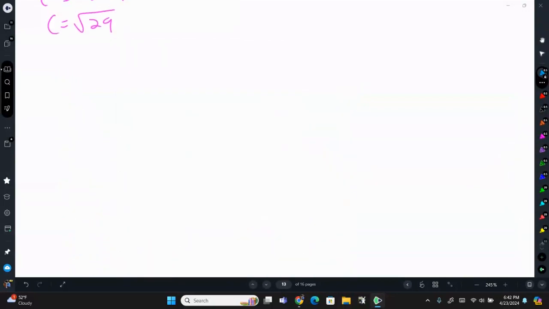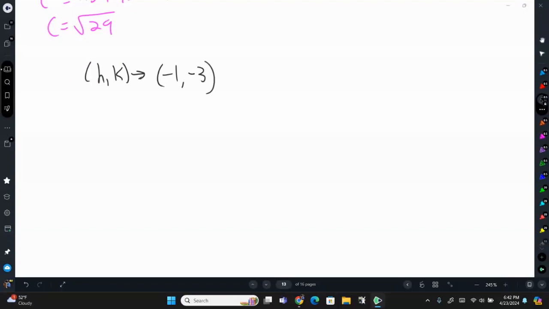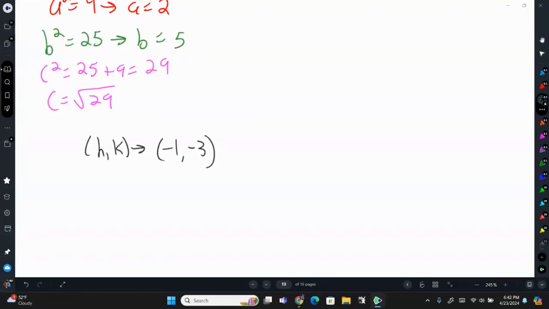So now let's list everything that we need to. Our center, h comma k, is equal to -1 comma -3. Then our vertices, we added and subtracted our a value from the y coordinate this time. So it's going to be -1, comma, -3 plus or minus 2.